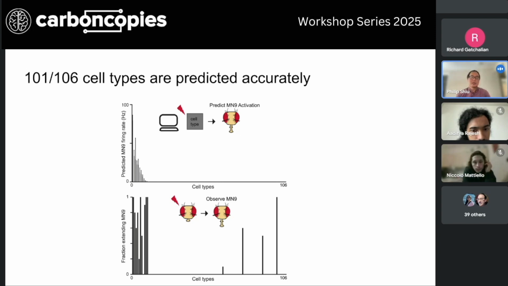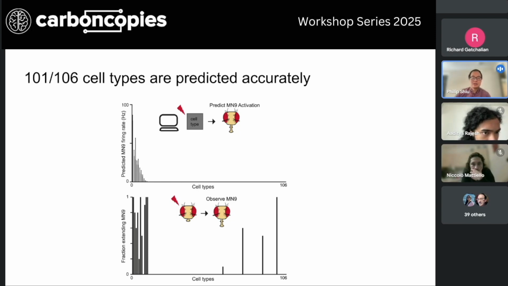And in general, there's a handful of neurons that did cause the proboscis to extend that we didn't predict, but in general, our predictions are consistent with the data we found.